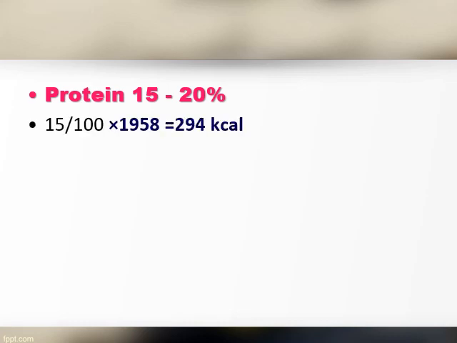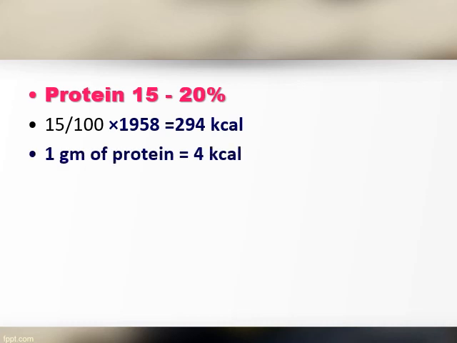In the same way, we can calculate his daily need of protein, since protein should constitute 15 to 20% of the total energy requirement. Multiply this percentage by the total energy requirement, which is equal to 294, the energy from protein.